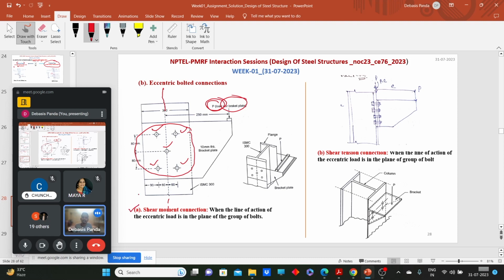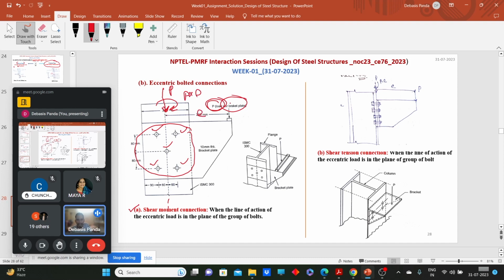Now why we call it a shear moment connection, I will go into that. For this eccentric load, what will happen to the CG of the bolts? The load will transfer to the CG with one eccentricity, P into E. Say this is the eccentricity.